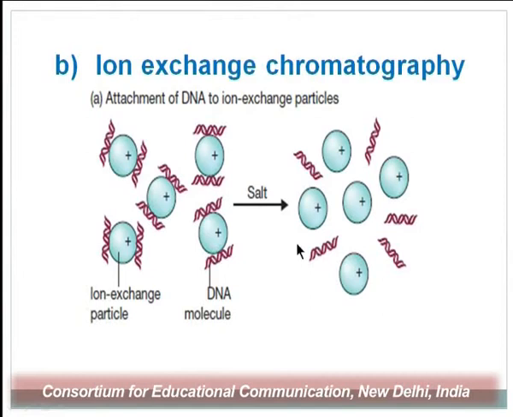Increasing the salt concentration causes the molecules attached to the resin to dissociate. Now the sequence of dissociation will depend upon the concentration of the salt and the affinity of the molecules to the resin. As we keep increasing the salt concentration, more and more tightly bound molecules come out and leave the resin.